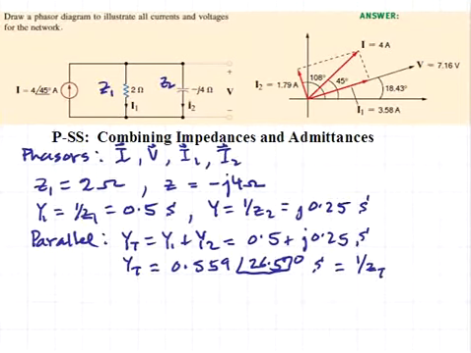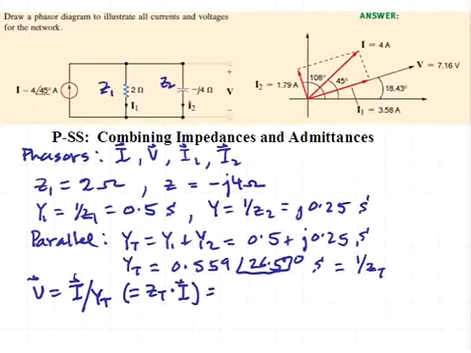Now we will calculate the voltage V. This will be equal to the current I divided by that total admittance YT. This is equivalent to the impedance ZT times the current.